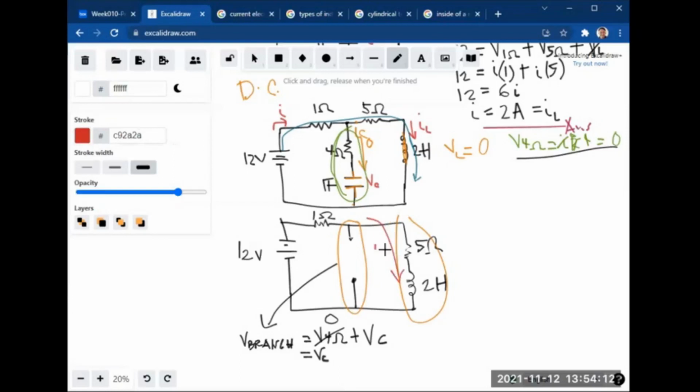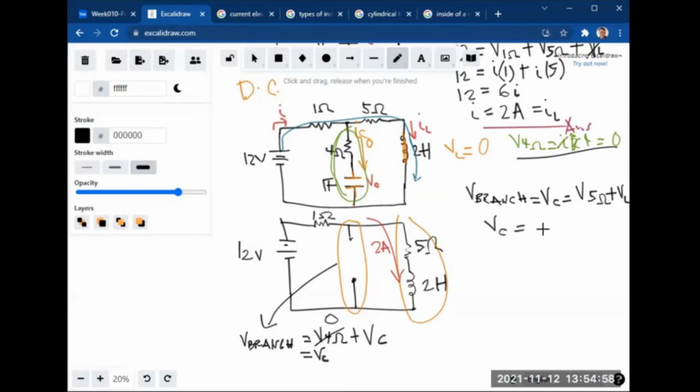Right, this is 2 amperes. So the voltage of this branch, which is equal to the voltage of the capacitor, will be equal to the voltage at the 5 ohm resistor plus the voltage of the inductor. Okay, so we will write this clearly.